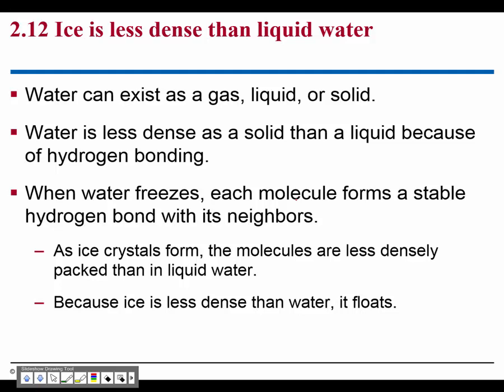If you think about it, say you have a lake. In the wintertime, it freezes. If it froze from the bottom up, all the fish in there, let me draw a fish, there's my fish, a horrible fish, but whatever, all the fish would die. If ice were more dense than liquid water, it would sink and all the fish would die when it freezes over.